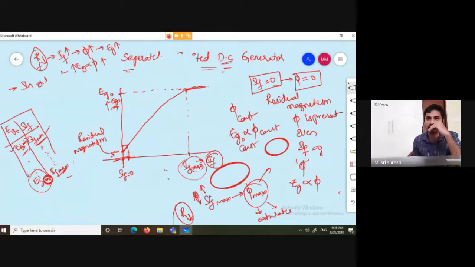So no more flux will be generated after this point, and it will be maintained as constant. Whenever the flux is saturated, it is taken as constant. That is the maximum limit. After that, if you reduce the resistance, the current will increase, but there is no increase in the flux. This is the saturation point.